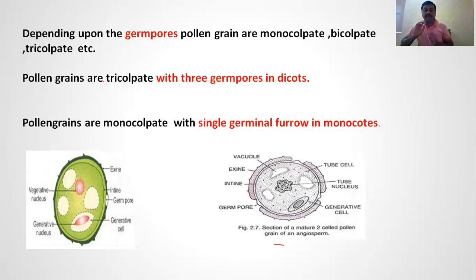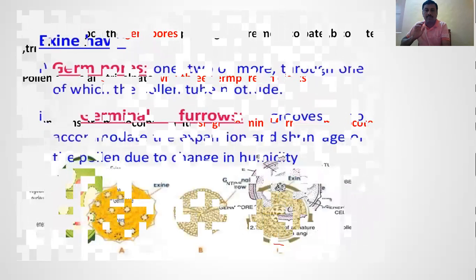In between the pollen grain, cytoplasm is present, and only one nucleus is present. Hence it is also called uninucleated, and some vacuoles are also present. It has only one set of chromosomes. Okay, this is the pollen grain, the development of the microspore.